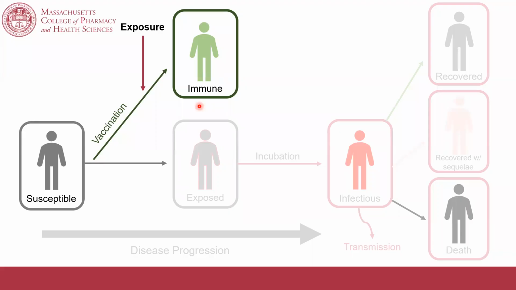No vaccine is 100% effective. And that's why I have this person right here in a lighter shade of green. So depending on the vaccine, the type of vaccine and how it works, as well as the patient characteristics, vaccines generally have three tiers of defense.